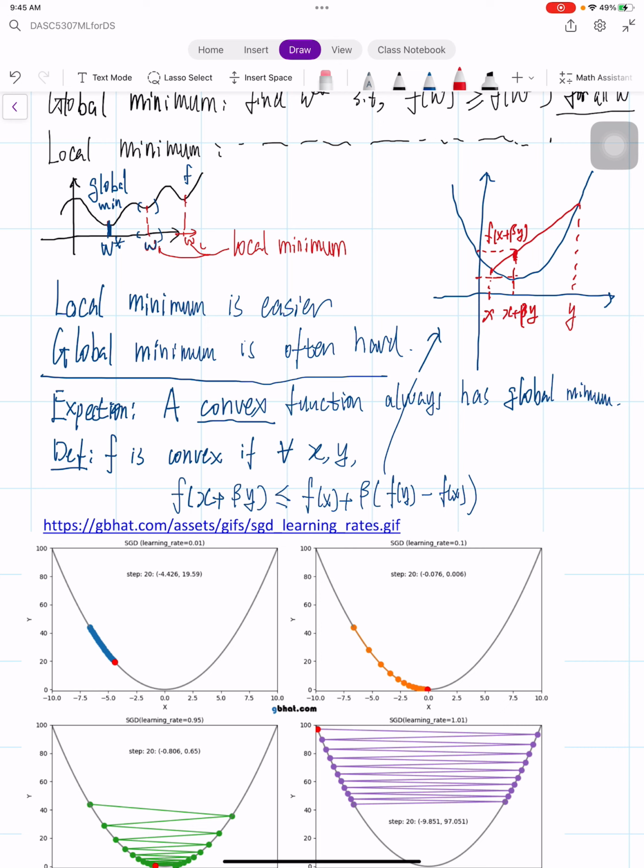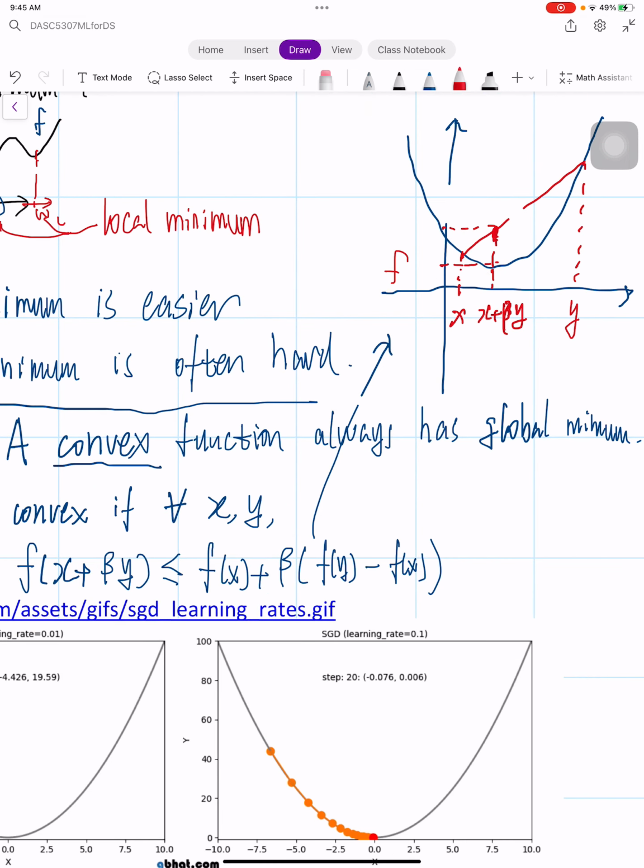Let me rewrite this. Any point on the segment will equal the weighted average between f of x and f of y, so this will be f of x plus beta times f of y minus f of x.